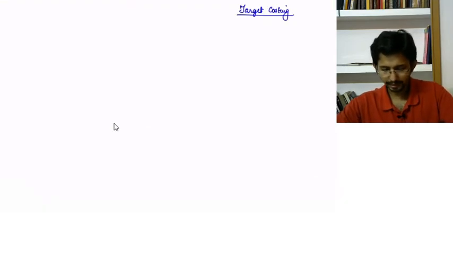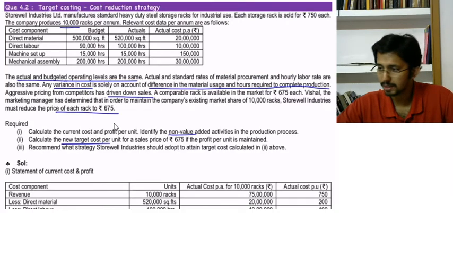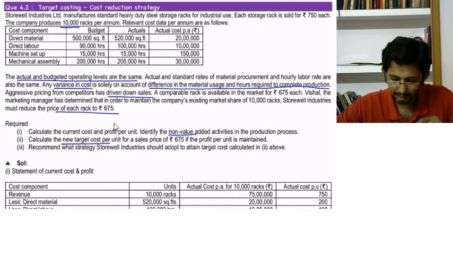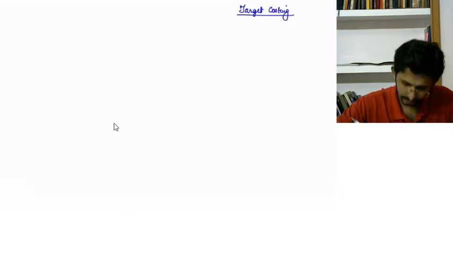Okay, now we will read the question once again. Stockwell Industries Limited manufactures standard heavy duty steel storage racks for industrial use. So the name of the company is Stockwell Industries Limited.